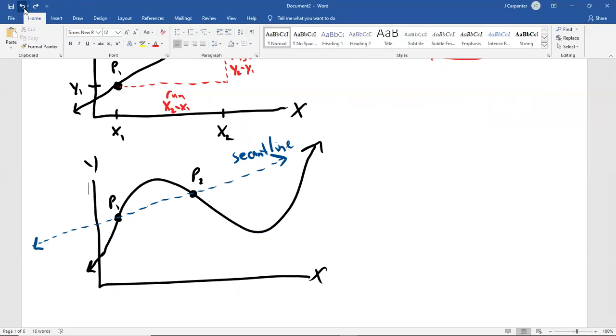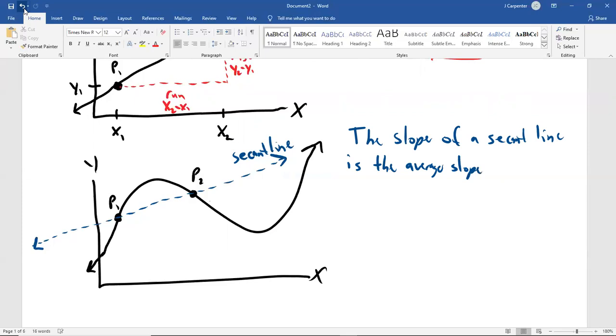So to start off calculus, what we do is we say, all right, well, let's find the slope between 2 points on the curve, and we'll call that a secant line, and the slope of that line, the slope of a secant line is the average slope of all points between P1 and P2.